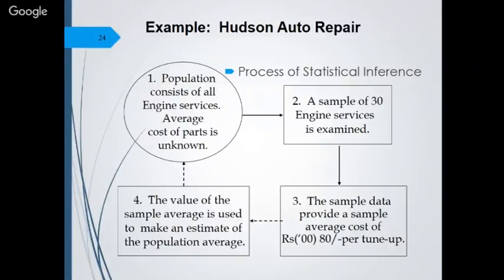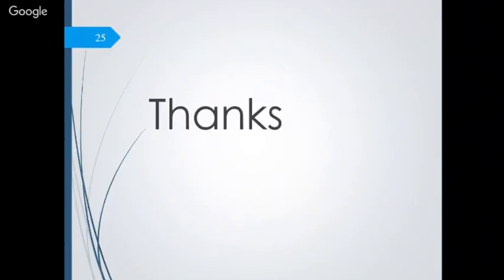We have to generalize that sample statistic, 8,000 rupees, the average cost of parts during an engine service. The value of the sample average is used to make estimates of the population average. So we generalize the service cost to the entire population of the car. That entire process is done by inferential statistics.